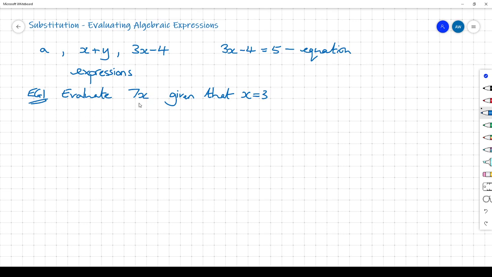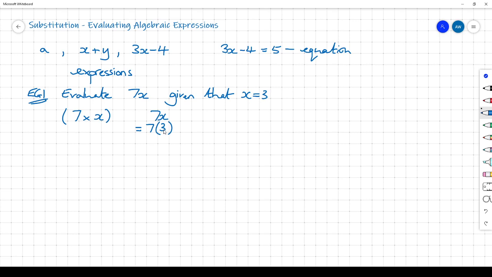So when we substitute our value of x here, instead of writing 7 times x and then replacing x with our value of 3, what I prefer, and is far neater, is to replace the letter with a pair of brackets. So we take 7x, then instead of x, write a pair of brackets and pop our value into the brackets. So what I've done there, I've substituted x for its value of 3.